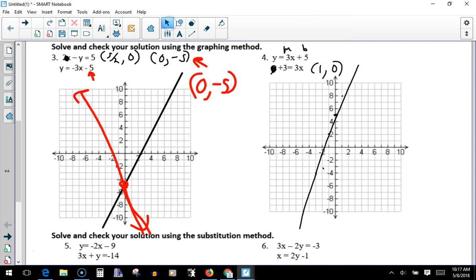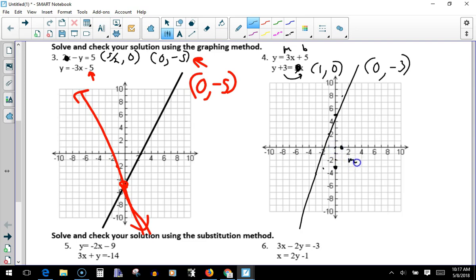And if I cover up my x, which means 0 for x, I'm going to get negative 3. Remember, this has to move over: y equals negative 3. So negative 3, 0, negative 3 is right here. 1, 0 is right here. And if you just check the slope of this, you go up 1, 2, 3, right 1. This is a slope of positive 3, which over here we have a slope of positive 3, which means we have parallel lines, even though they're horribly drawn there without a straight edge. So that means no solution, because they're parallel lines.